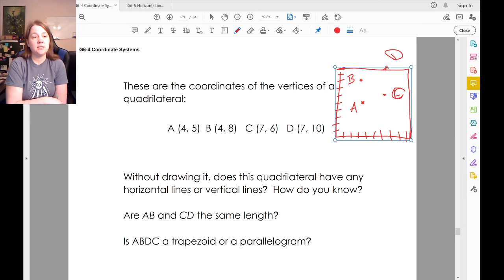And they're going to ask, well, when we connect up A to B, B to C, C to D, what do we get? Except, what mistake did I make?